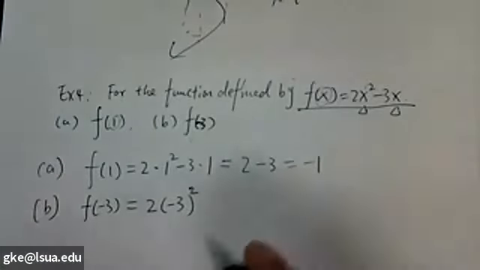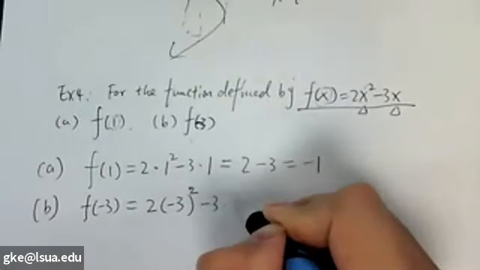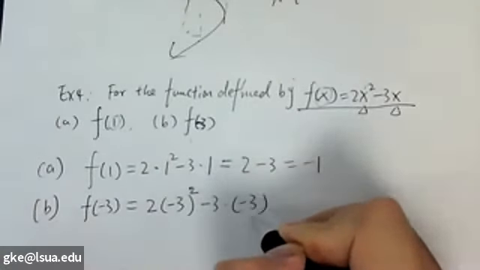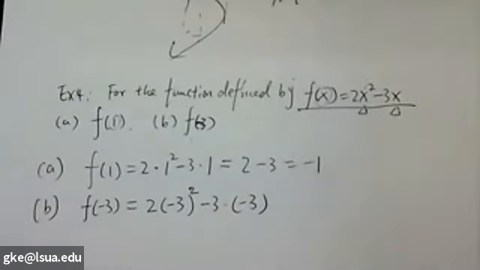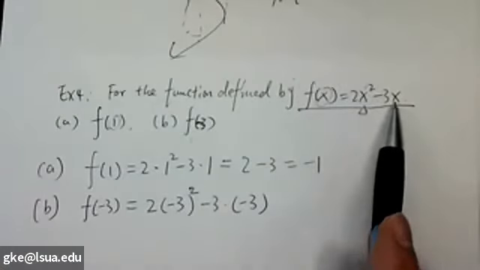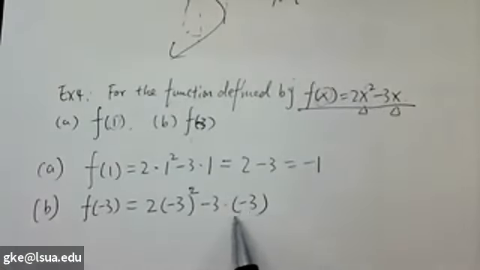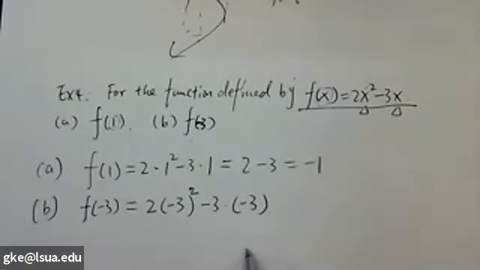Negative 3 squared minus negative 3 times negative 3. You see it? Replace the x by negative 3, and put the parentheses for the negative 3 because it's a negative number. Always put a parenthesis there.